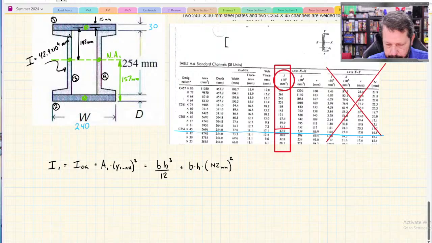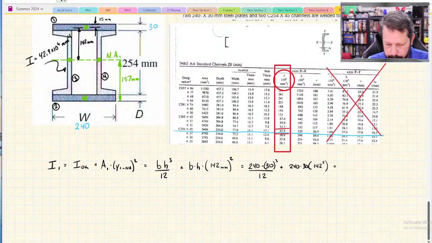Let's put the other values in there since I wrote just B and H. So the base for the top plate is 240. The height is 30. BH cubed over 12, plus 240 times 30 times 142 squared. I'll put the squared inside there just to be super clear.